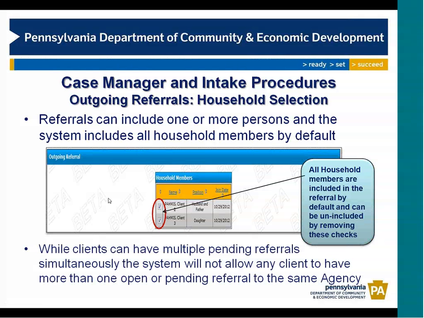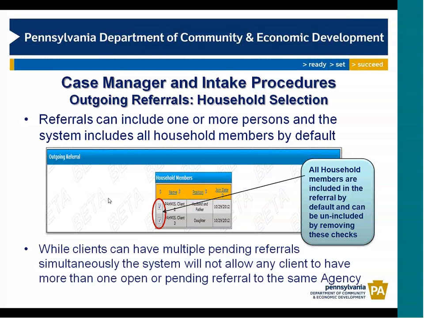Now, one thing here is multiple open referrals. The system, as of right now, doesn't allow the same client to have more than one open referral to the same agency. Since referrals can have multiple service requests on them, we didn't feel like having a bunch of open referrals for the same client would be of the most interest.